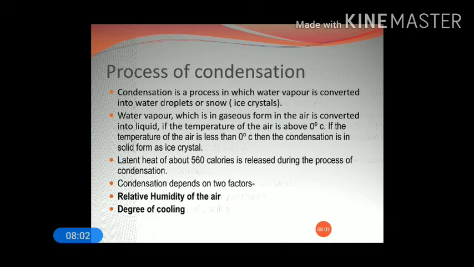But when the temperature of the air falls below 0 degrees Celsius, then the condensation will be in the form of solid or in the form of ice crystal. So condensation will be in liquid form if the temperature is above 0 degrees Celsius, and in a solid form or ice crystal form when the temperature of the air is less than 0 degrees Celsius.